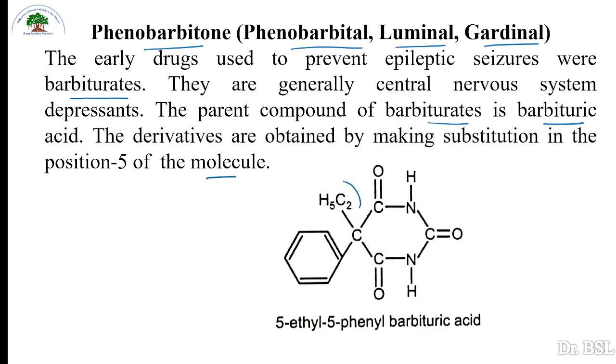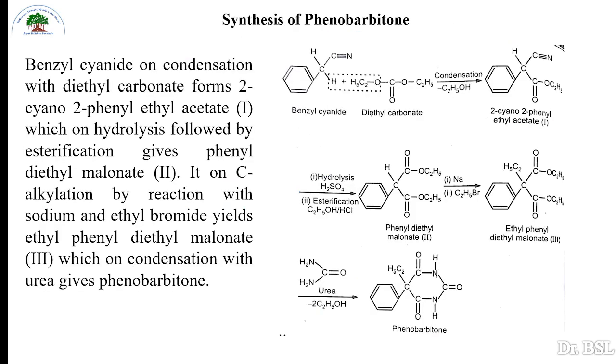So here, this is 5-ethyl-5-phenyl barbituric acid. This is phenobarbital, and it can be synthesized by the reaction sequence given here.